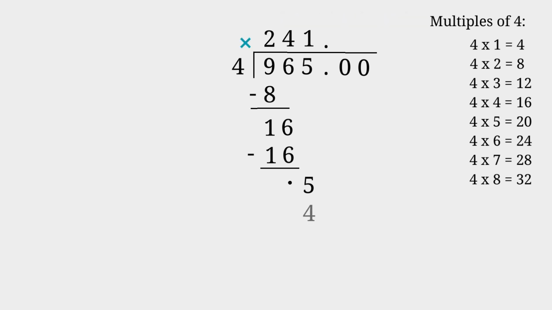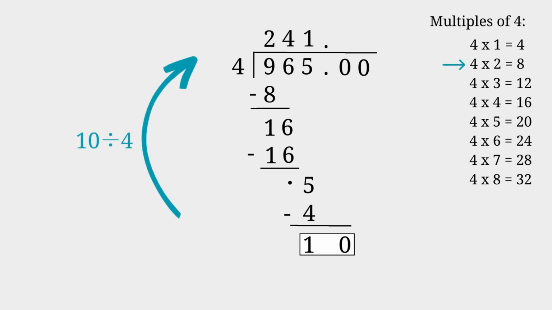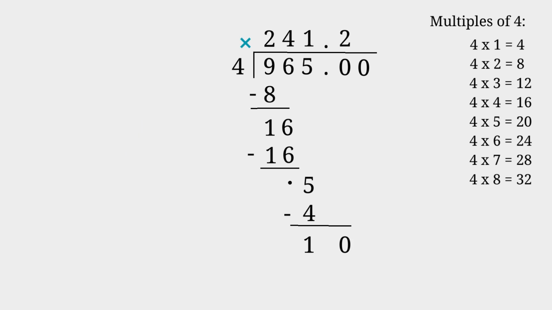1 times 4 is 4, so 5 minus 4 is 1. 4 does not go into 1, so you have to borrow a 0 from above. Your new value is 10, and 4 does indeed go into 10. It goes into 10 2 times, so write the 2 above the first decimal place. 2 times 4 is 8, and write the 8 underneath the 10 and subtract. 10 minus 8 is 2. 4 does not go into 2, so borrow another decimal value from up top.